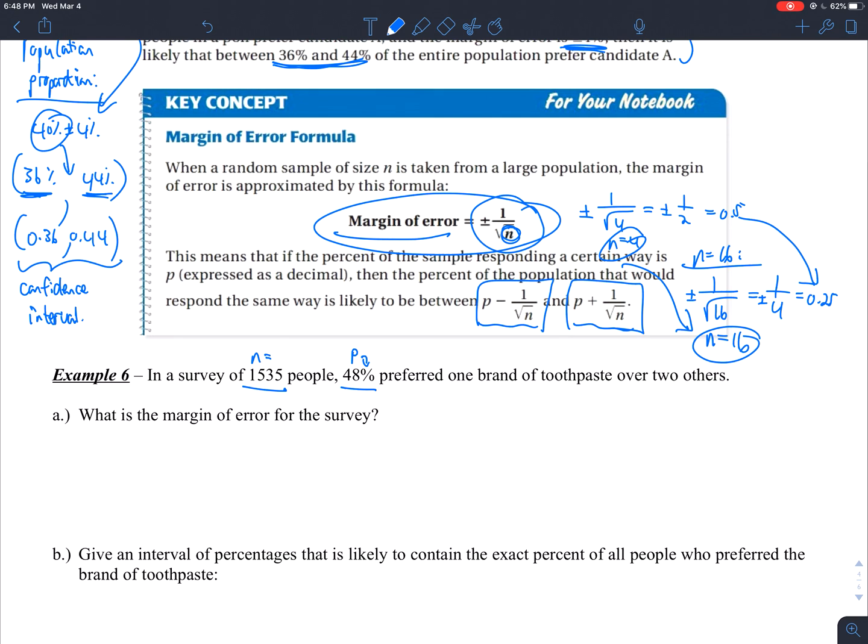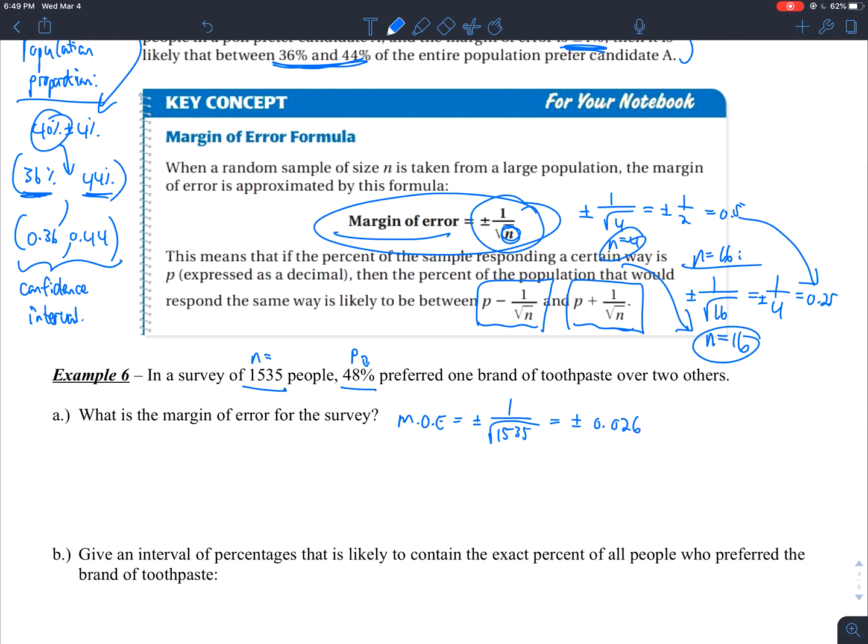So all you have to do here is use the formula. Margin of error is plus or minus 1 over root 1535. And that's equal to plus or minus 0.026. Okay? There's the margin of error.